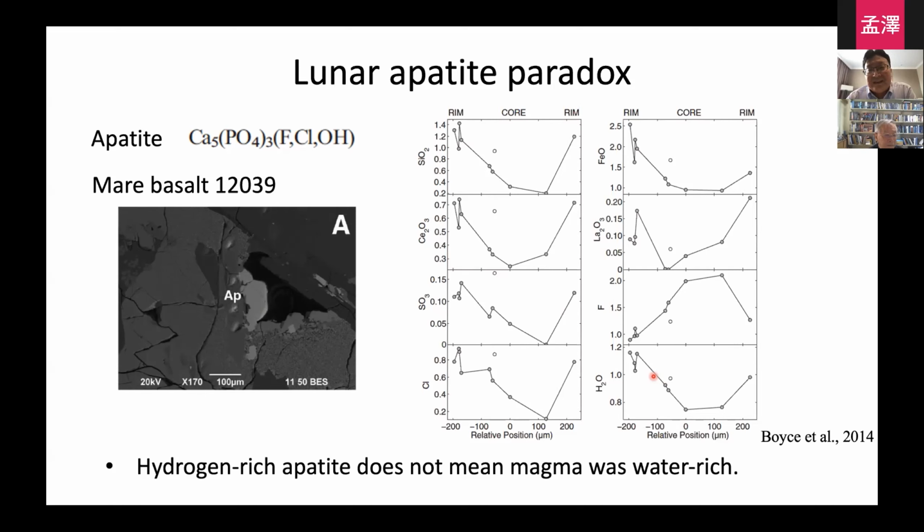Probably we shouldn't say it's useless, but it's not very useful to infer water content in the lunar interior.